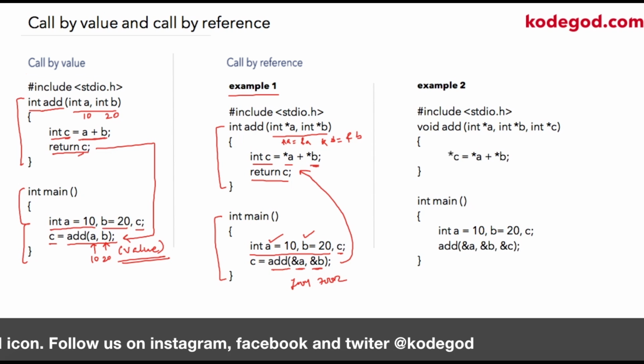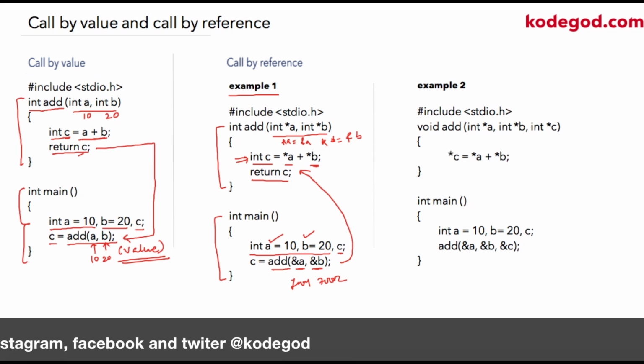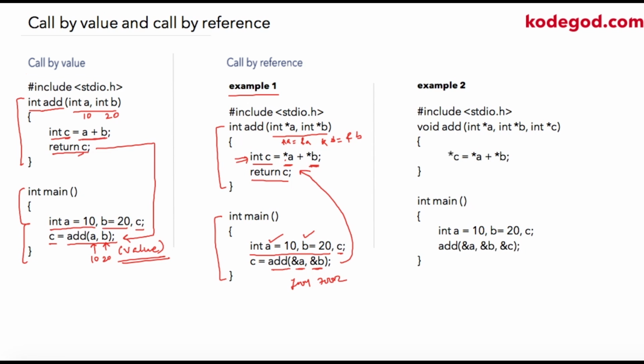In this statement we need to read it as star replaced with address of a, and we know that we need to read star as the value at operator. So value at address of a plus value at address of b. So we are adding 10 and 20 using pointer variables which are pointing to the address locations of these variables.